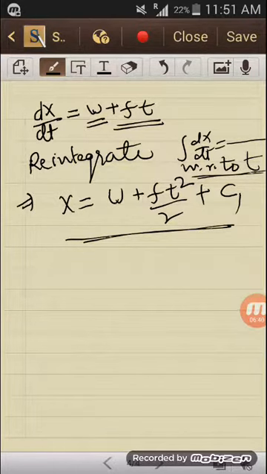Now we will also use the initial condition.